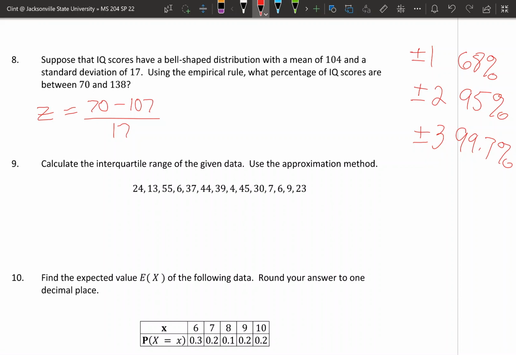Oh, what did I do? I'll see if I can do that. This one's coming out a little off. Oh, because I wrote down 107 and it's 104, sorry.